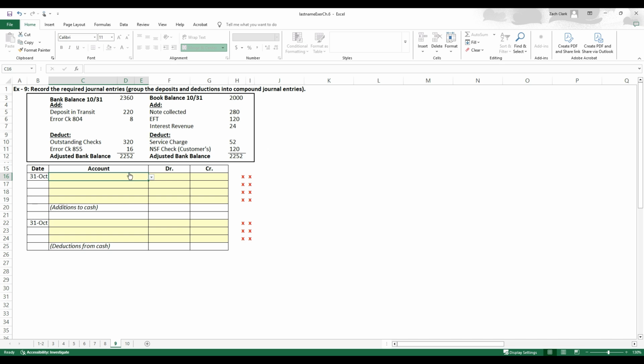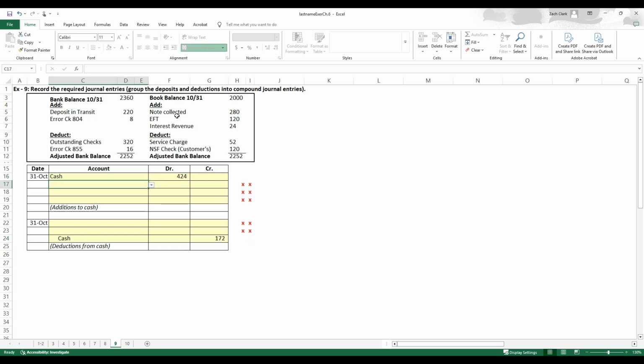Okay, and let's kind of do what we did before. So remember, everything is just on the book side, and our additions are an increase to cash, and our deductions are a decrease. And the amount of cash that we're adding here is the total of all of our additions, and the total of our deductions.